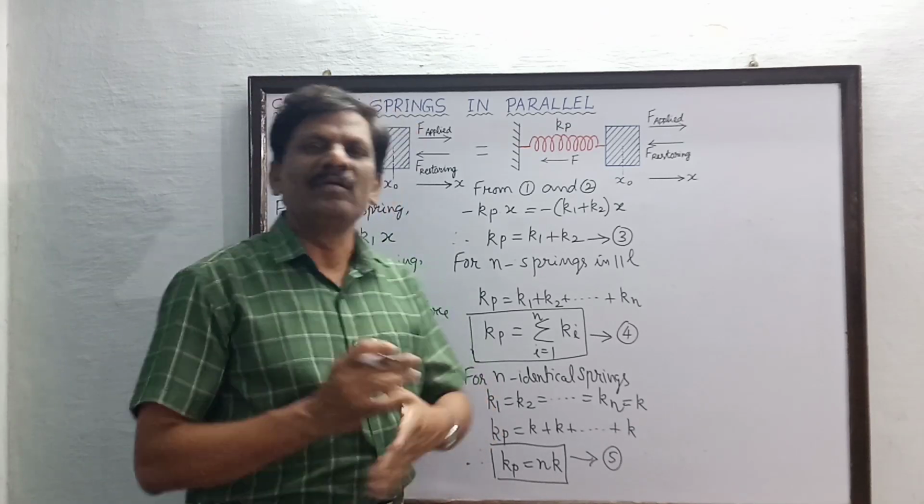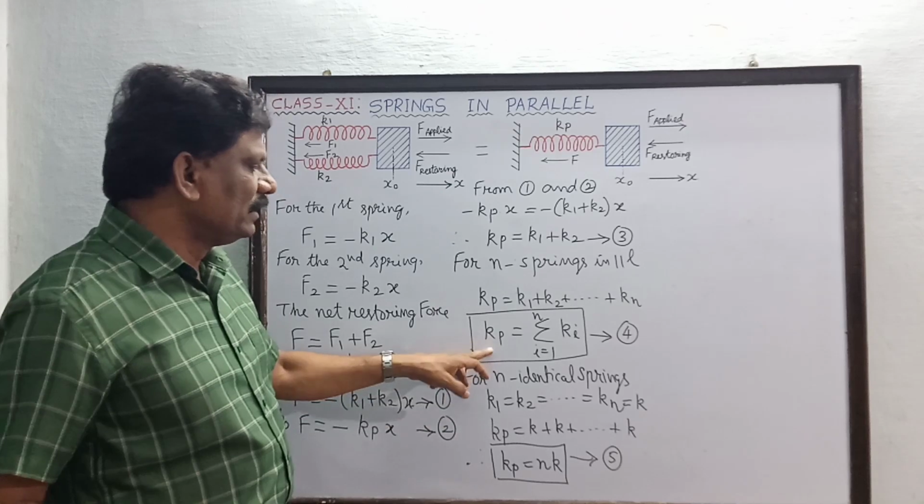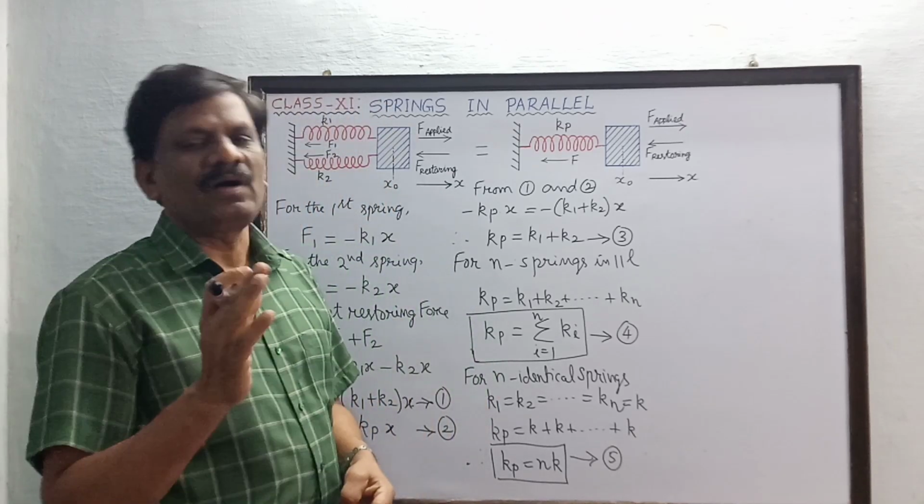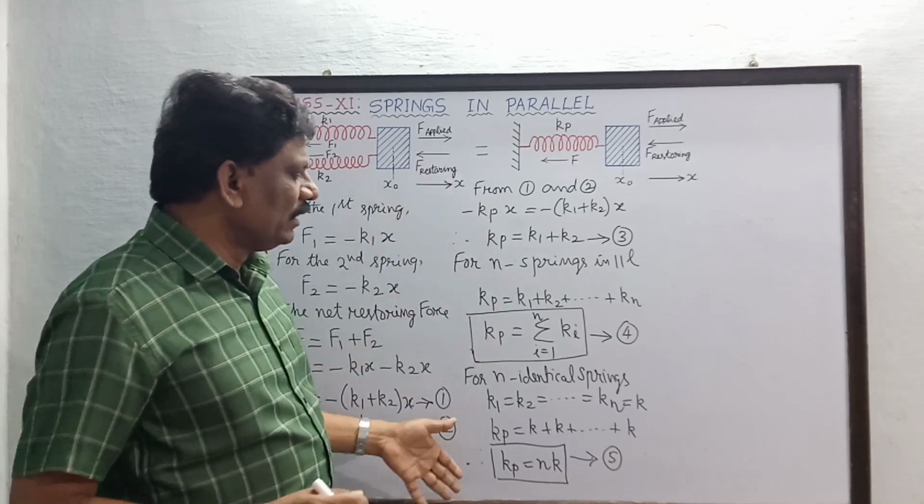So in the parallel combination, the net spring constant is equal to the sum of the individual spring constants.